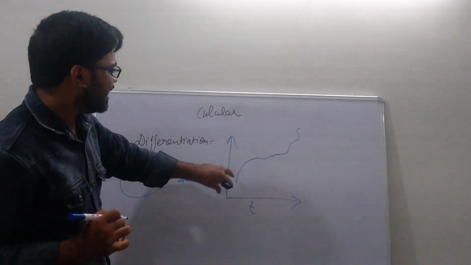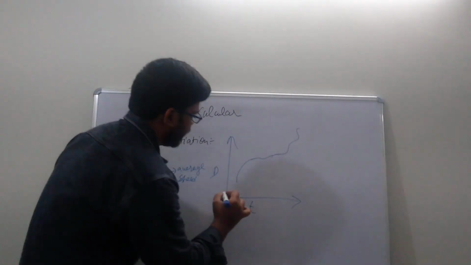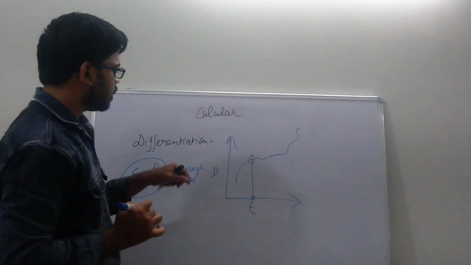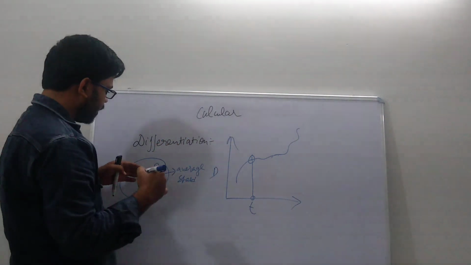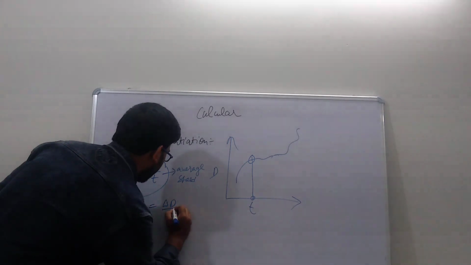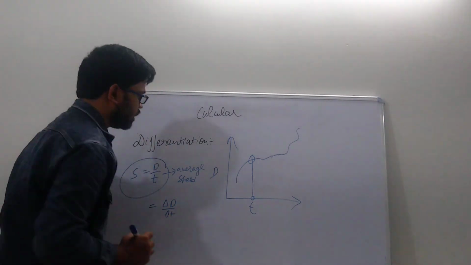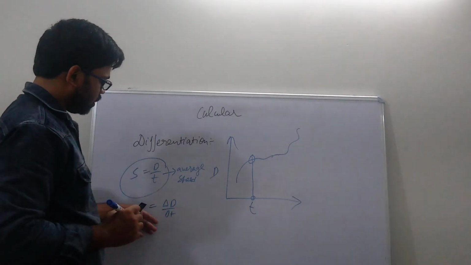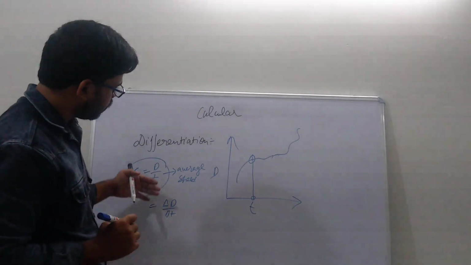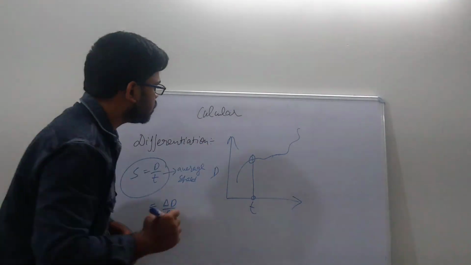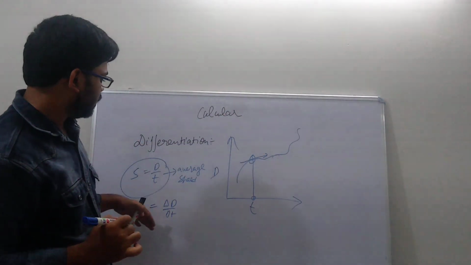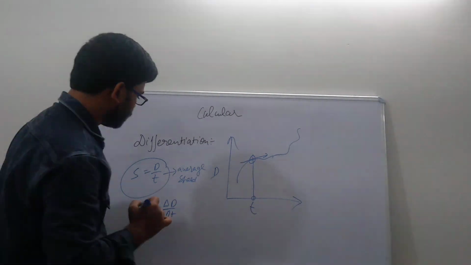To calculate the instantaneous speed at any point, suppose let's say this, I need to differentiate, and I need to find delta d upon delta t. So this result is where we use differentiation to find the slope and calculate the instantaneous velocity.